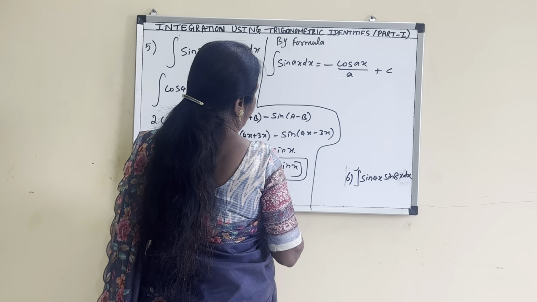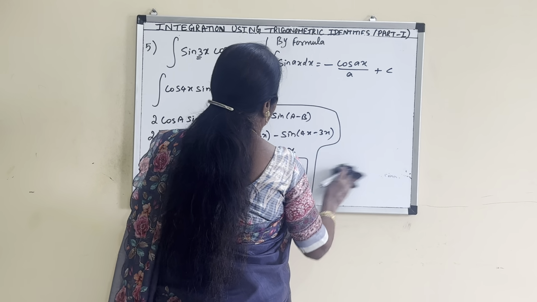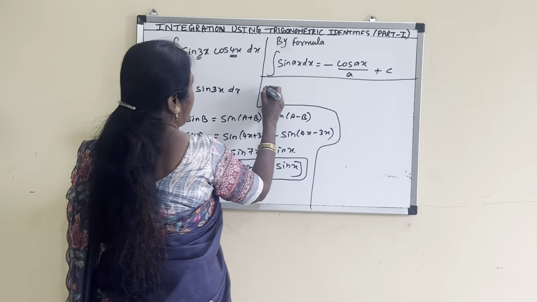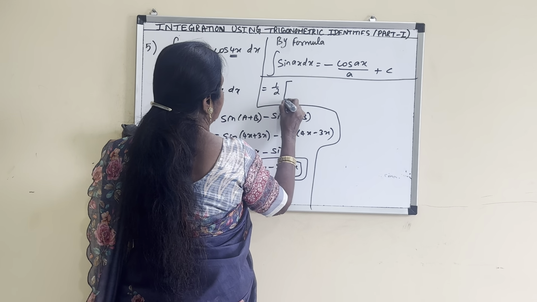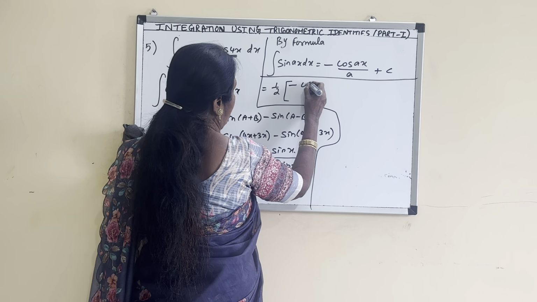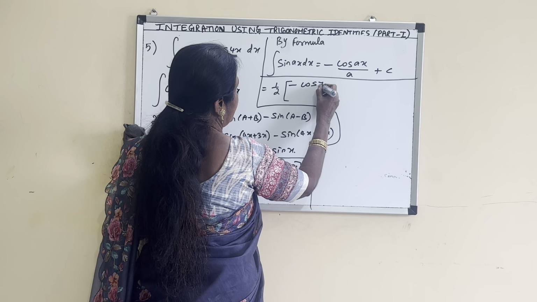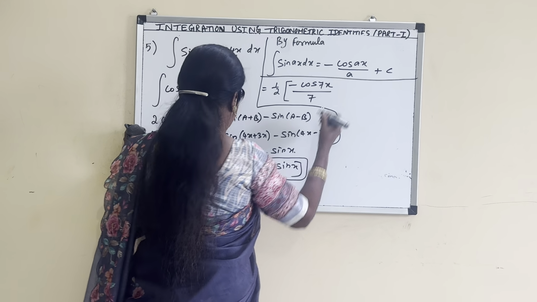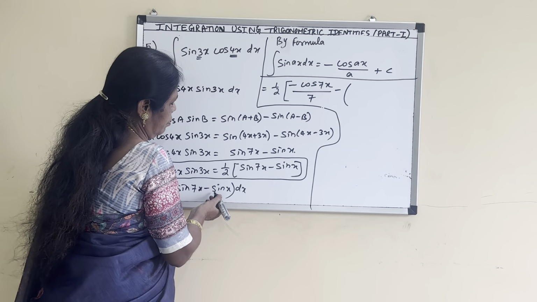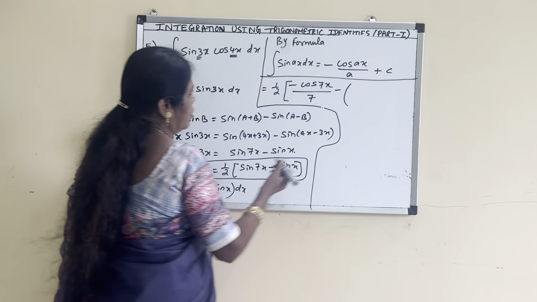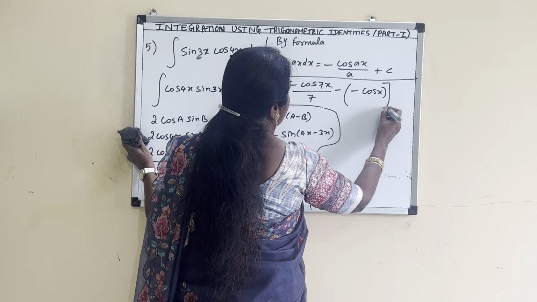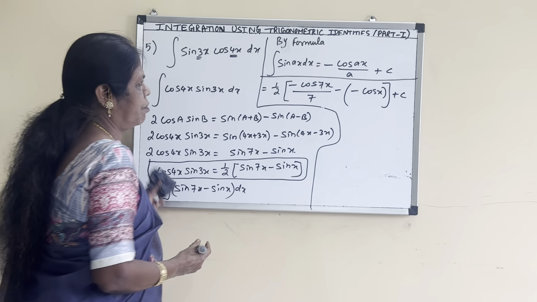Now I am substituting this formula in the question. So it will be 1 by 2 outside the integral. Substituting this formula, it is minus cos 7x by 7 minus, this is sin x, integration of sin x is simply minus cos x, so minus cos x plus c.